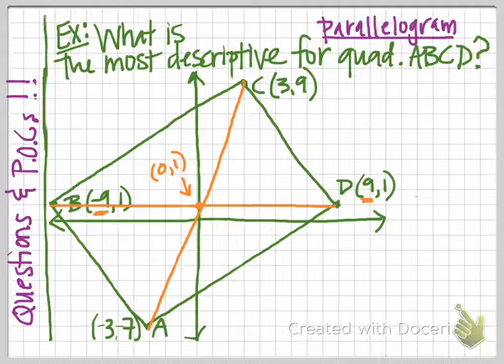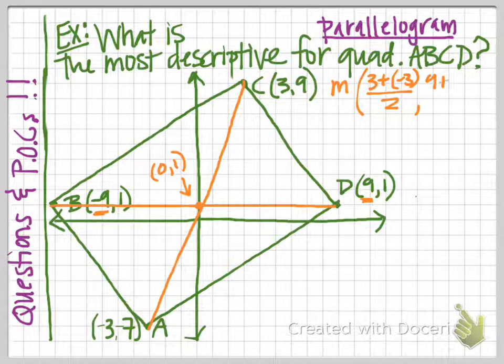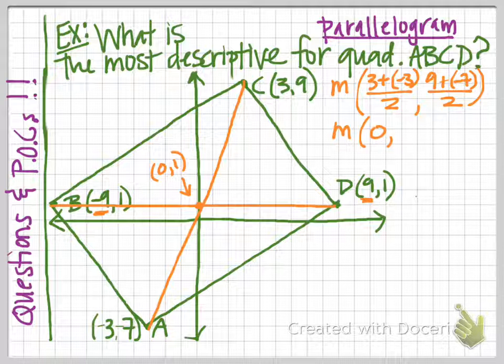But just to make sure, the midpoint of AC is going to be the average of the x and y values. So x values are going to be 3 plus -3 divided by 2. The y values are 9 plus -7 divided by 2. And when we simplify that, we get a midpoint of 0 divided by 2, which is 0, and 2 divided by 2, which is 1. So yes, they do have the same midpoint of 0, 1.